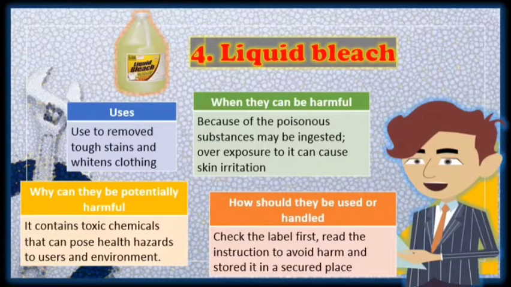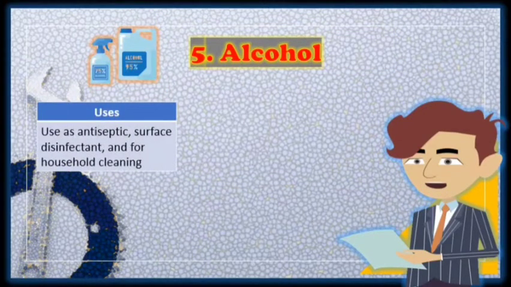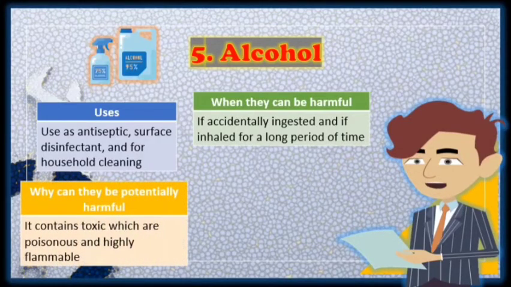For our next item, we have alcohol. What are the uses of alcohol? It is used as an antiseptic, surface disinfectant, and for household cleaning. And then, when can it be harmful? It can be harmful if accidentally ingested and if inhaled for a long period of time. Then why can it be potentially harmful?